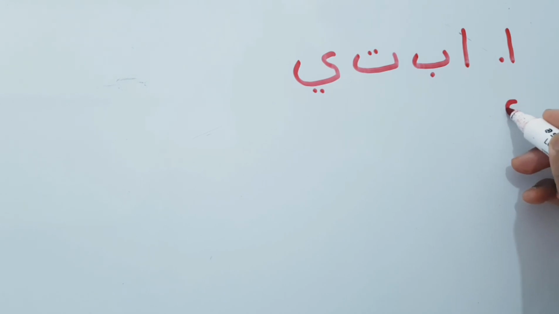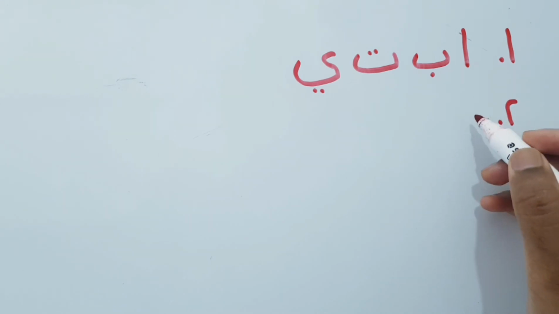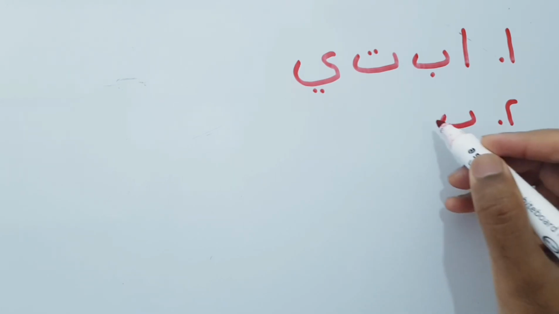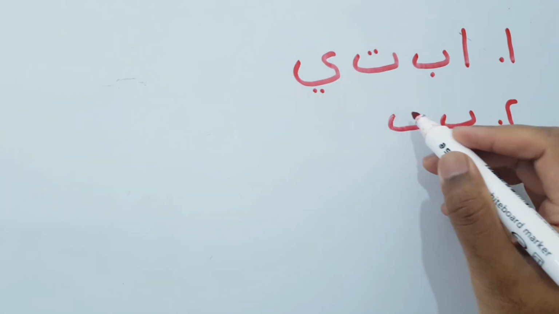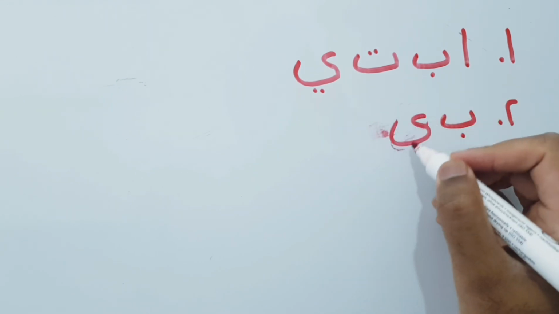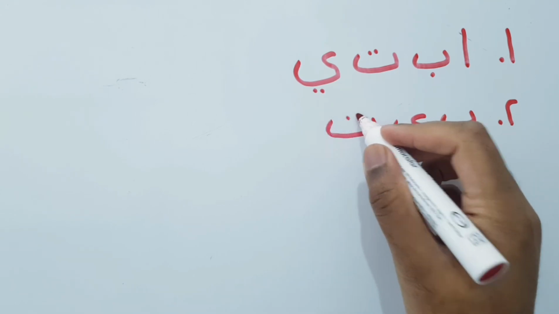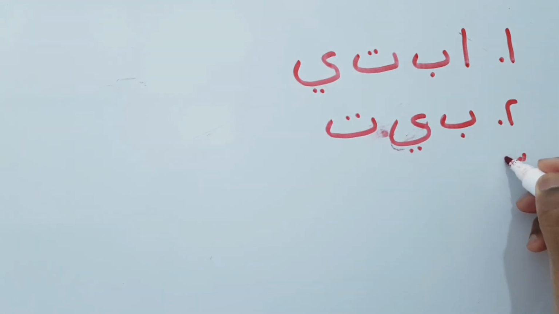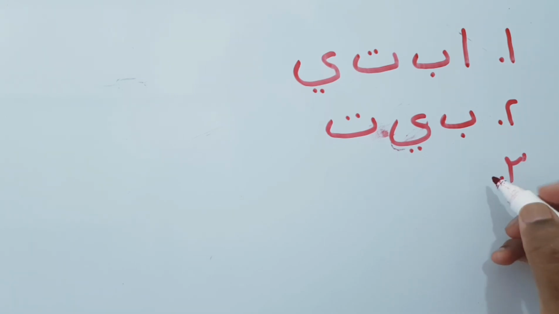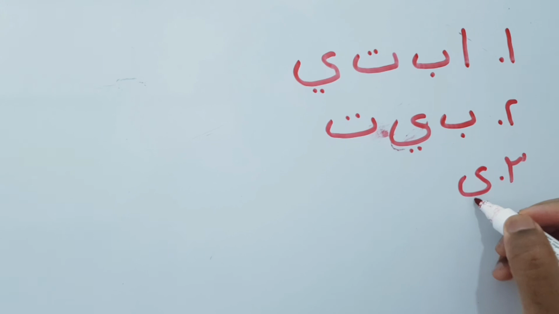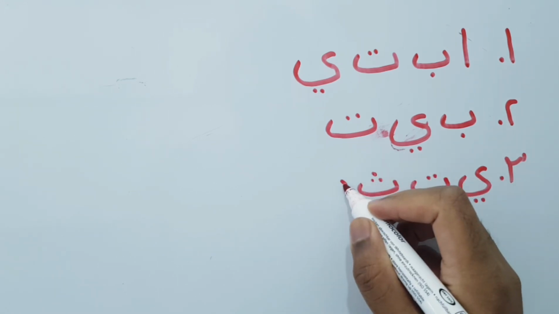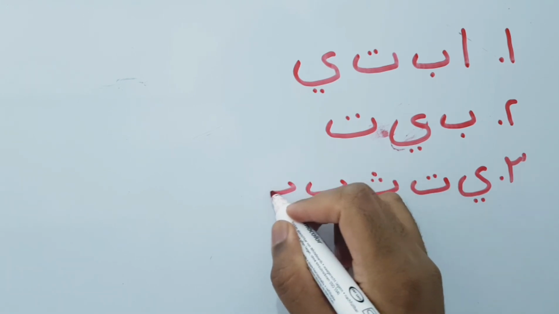Taib, number 2 is ba, ya, and ta. Number 3 is ya, ta, tha, ba, ta.